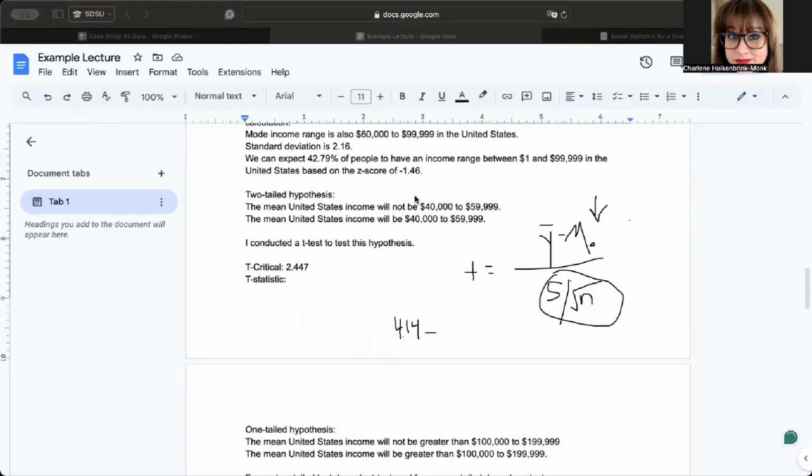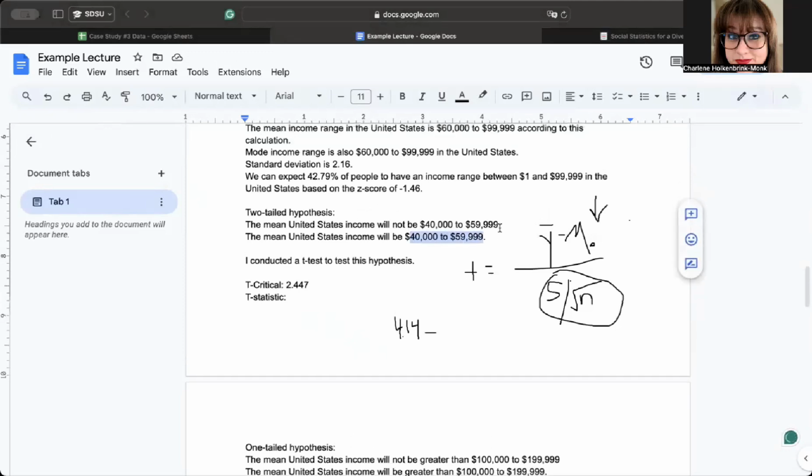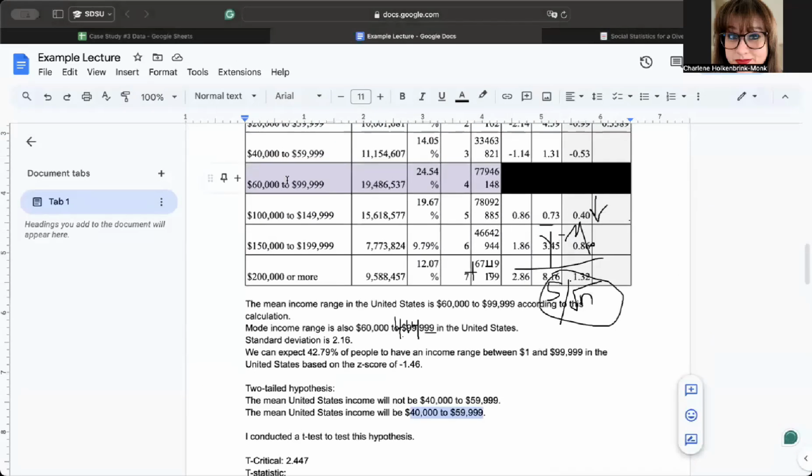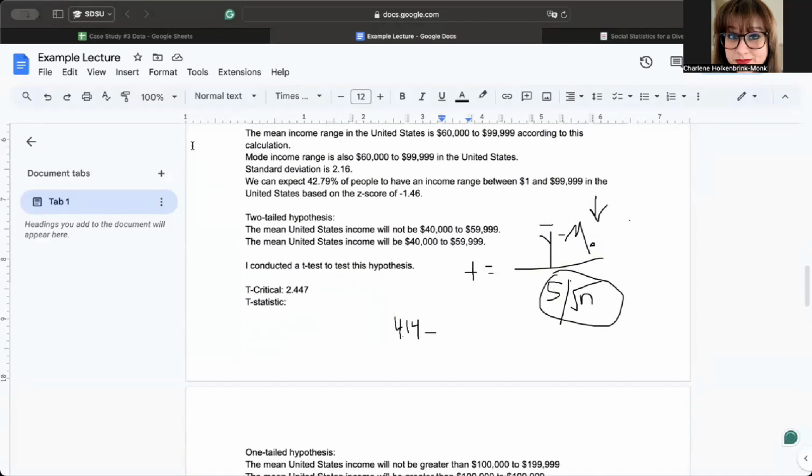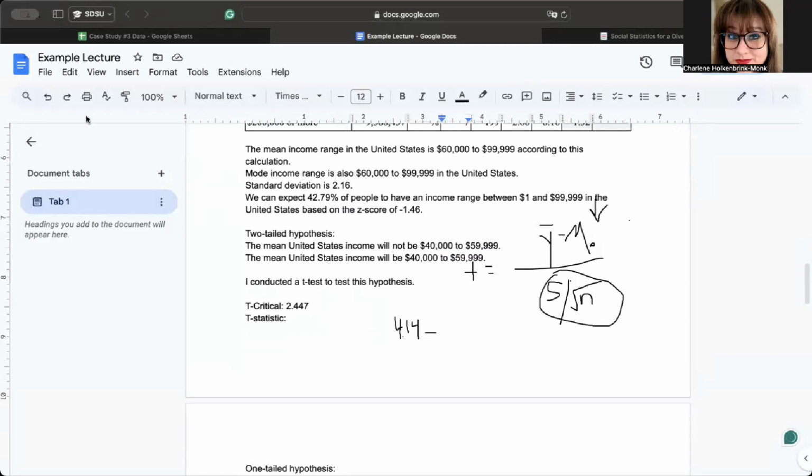So if my hypothesized value is 40,000 to 59,999, I'm going to go up and look at it. I'm actually hypothesizing that it's this value, so I'm going to plug 3 in there, because 3 is the Y value that I've assigned that range.